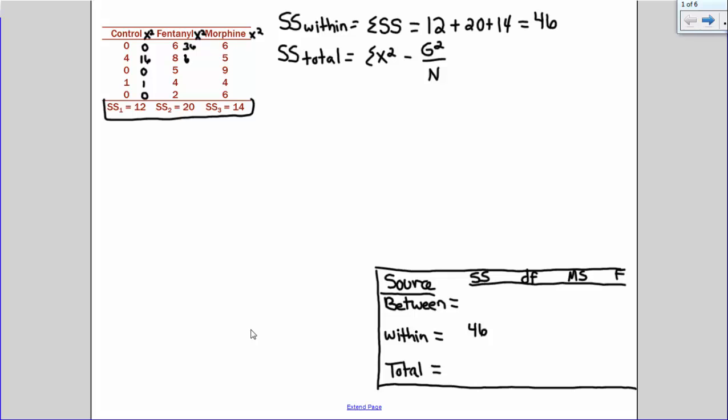I thought it was 64. There we go. 5 times 5 is 25, 4 times 4 is 16, 2 times 2 is 4. 6 times 6 is 36, 5 times 5 is 25, 9 times 9 is 81, 4 times 4 is 16, and 6 times 6 is 36. Add all of those values together, and you end up with 356.